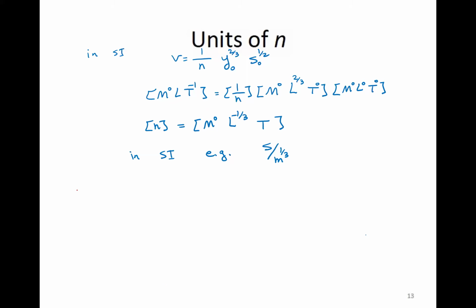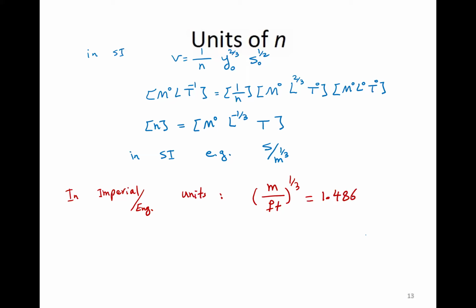In imperial engineering units, you can actually do the math and figure this out. If you do that, you will end up with a conversion of meters to feet. Second is second, so time doesn't change. This is raised to 1/3, and this will be a number equal to 1.486.